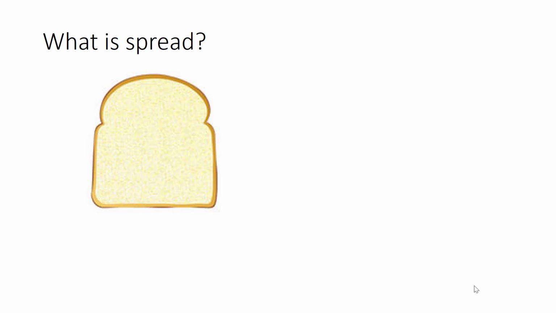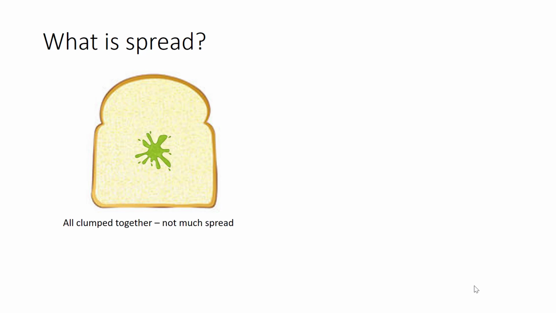So let's answer the question, what do we mean by spread? Well, I don't know about you, but when I think of spread, I think of making a sandwich. In this case, we have somebody making a sandwich and they just put one little squirt of mustard, mayonnaise, ketchup, whatever they're putting on their sandwich in the middle of the bread.